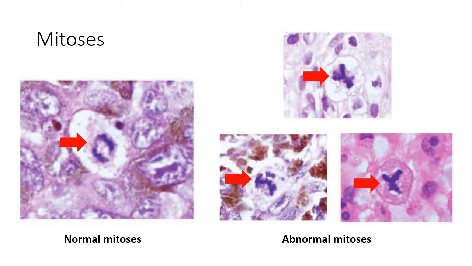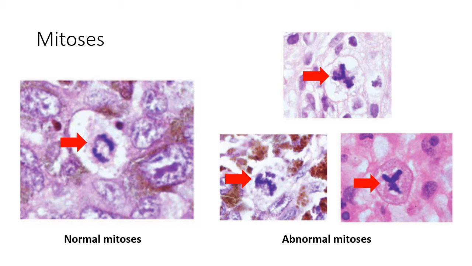You'll come across these mitotic figures, mitoses, these names very often in pathology, and it is essential that you be clear about it. A mitotic figure is nothing but the name given to an actively dividing cell as seen in a microscope.